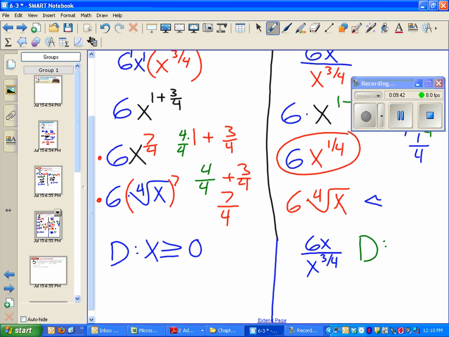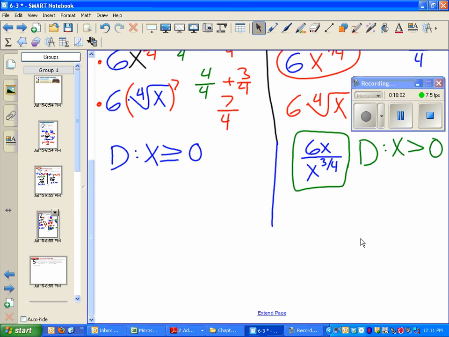So this domain is going to be x is greater than 0. So not equal to, because before I simplify, if I plug 0 in for x, I would be technically dividing by 0. So this is strictly greater than, where a could be 0. Okay, and that is that.